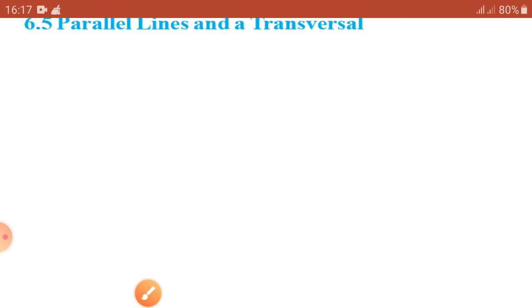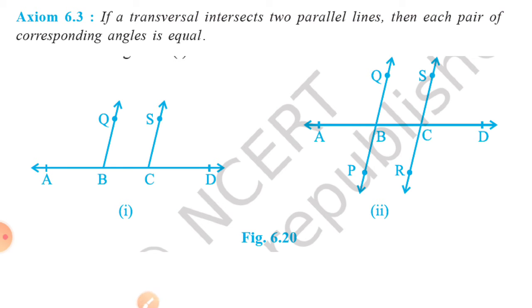Go to axiom 6.3. Axiom 6.3 is: if a transversal intersects two parallel lines, then each pair of corresponding angles is equal. It is also referred to as the corresponding angles axiom.